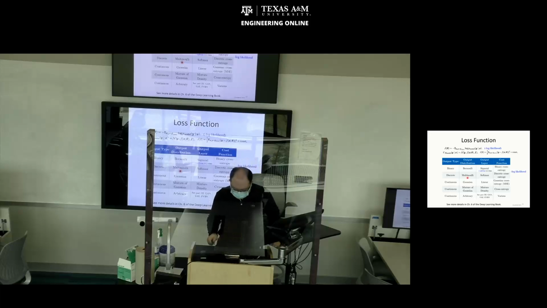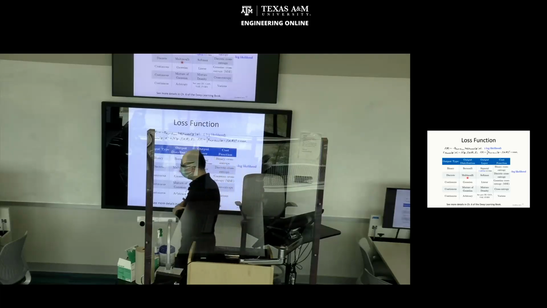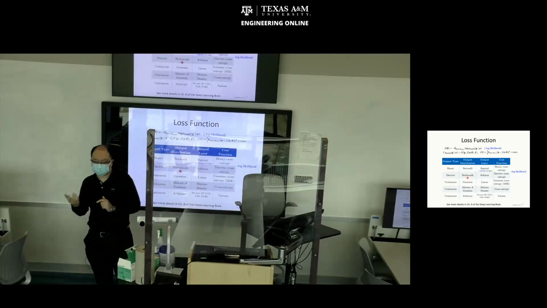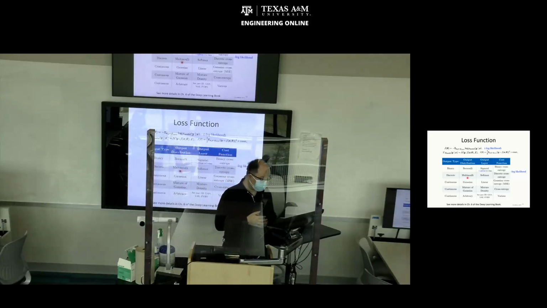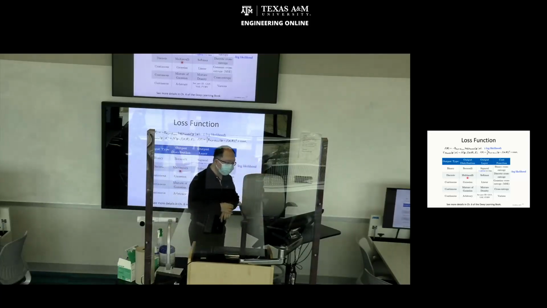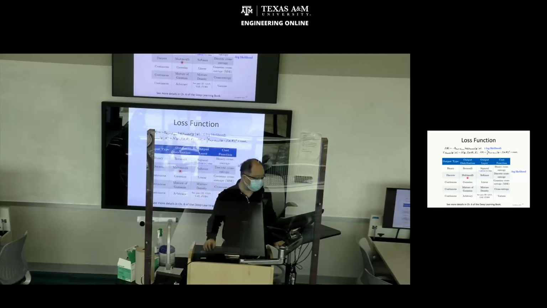So besides the model class, the second thing we should look at from the perspective of optimization is the loss function, right? So the loss function we have learned a lot before. For instance, we learned we can maximize the log likelihood, and we can maximize or minimize the mean squared error, depending on what kind of task.